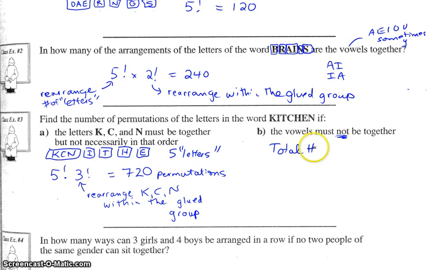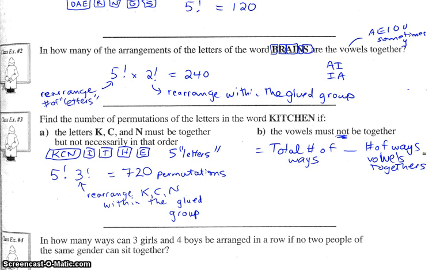So if you take total number of ways of rearranging all these letters, we don't care what order, okay, minus all the ways in which the vowels were together, you would get all the ways in which the vowels were not together.